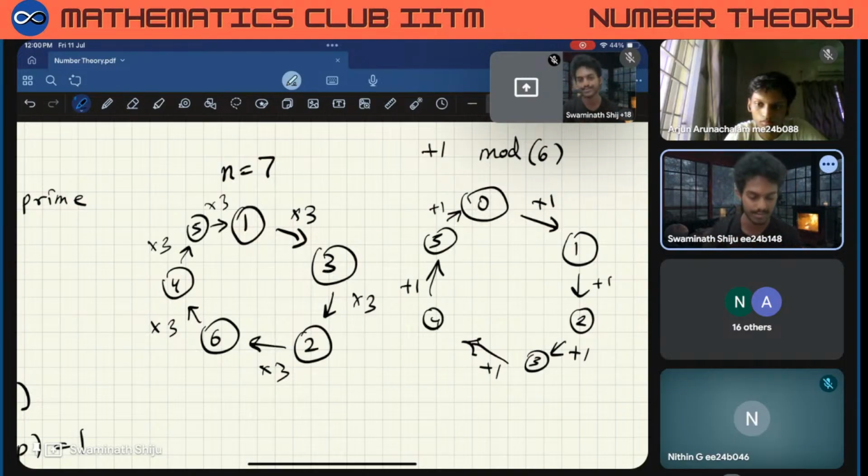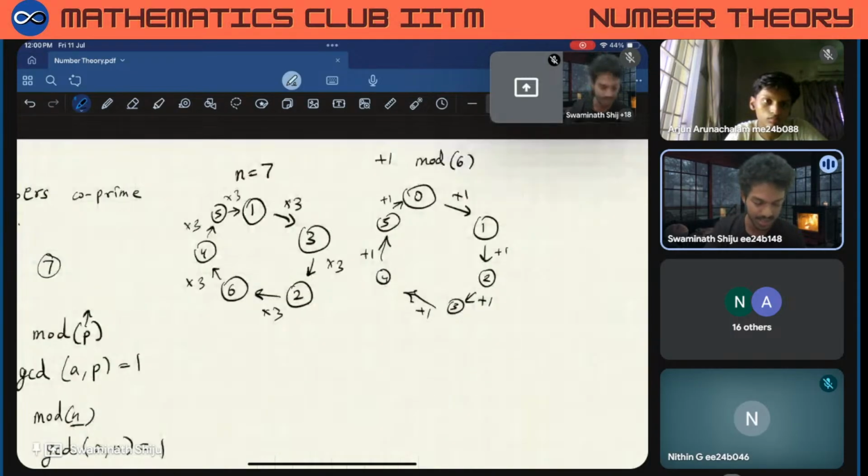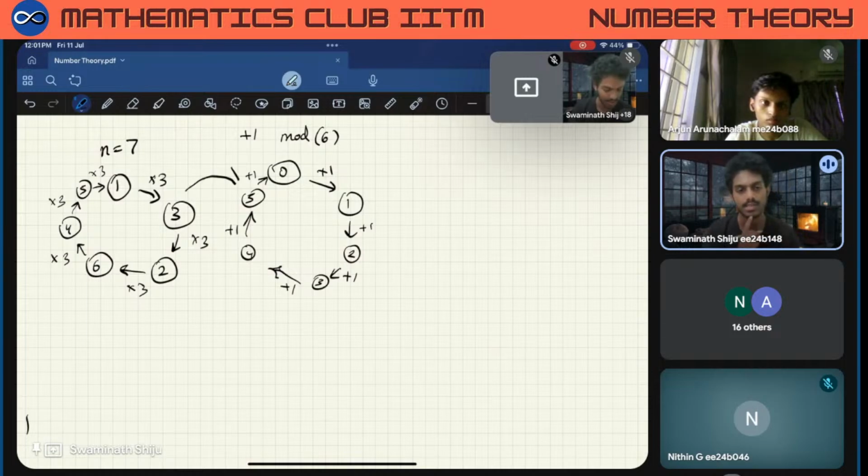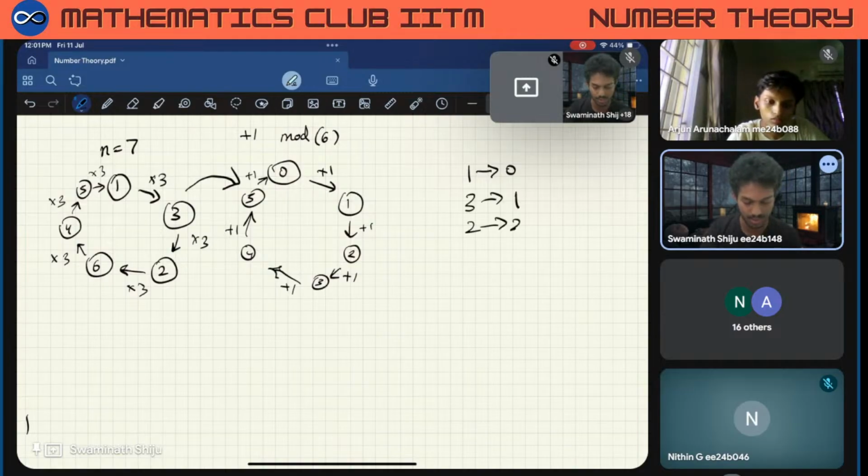Now I want you to consider a mapping from here to here. I make 1 go to 0, 3 go to 1, 2 go to 2, 6 go to 3, 4 go to 4, and 5 go to 5.